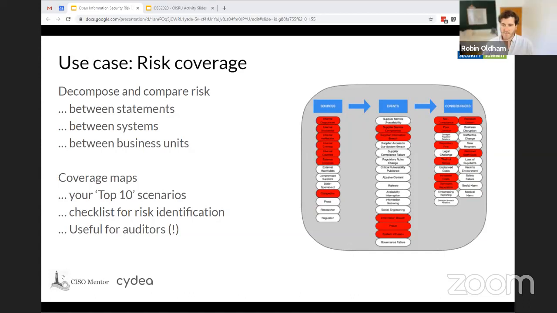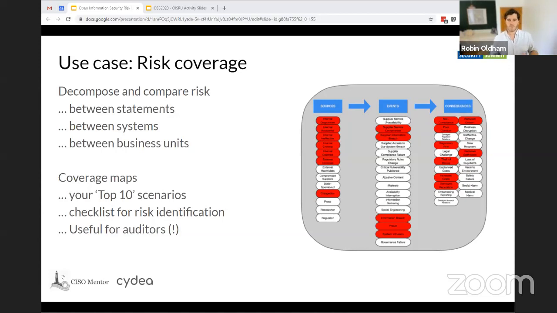A few comments there about using it with FAIR, for example. Explicitly, we're trying to say this is just at the identification layer, so not going into analysis or evaluation at all. And obviously things like FAIR cover a little bit of all of those components, but the emphasis is on the analysis piece.